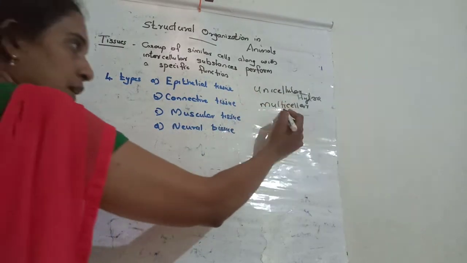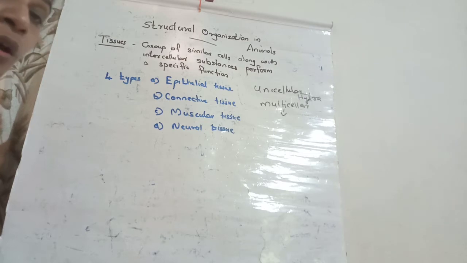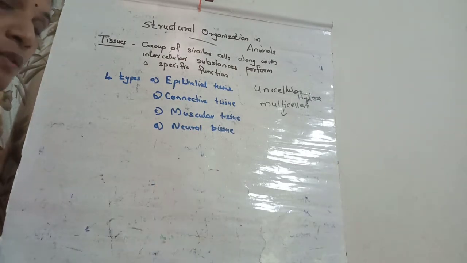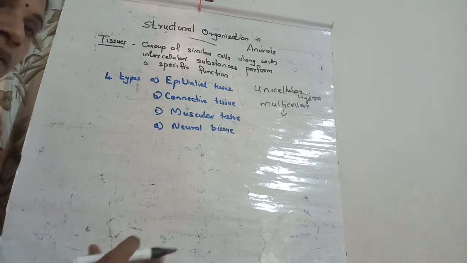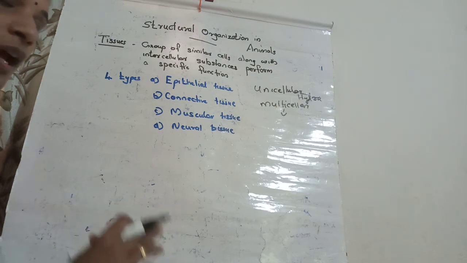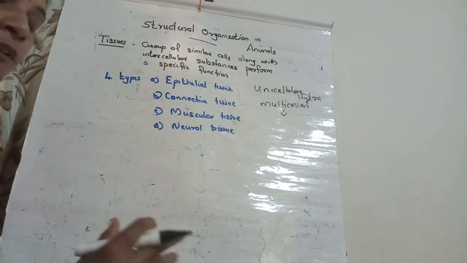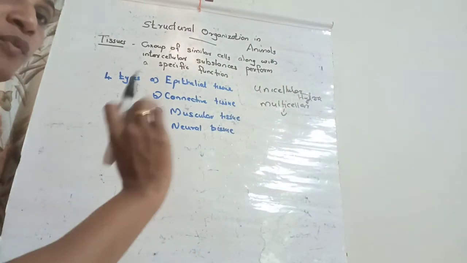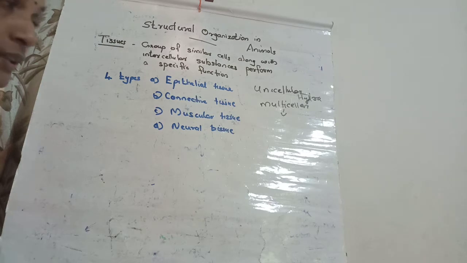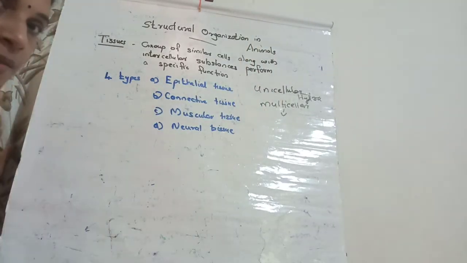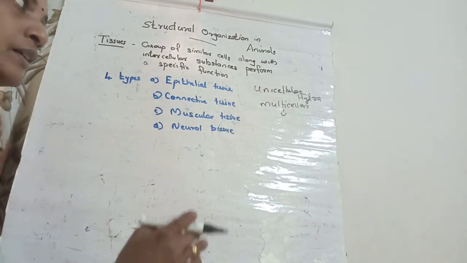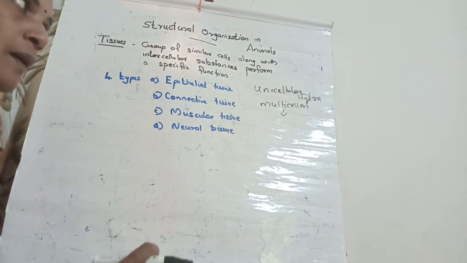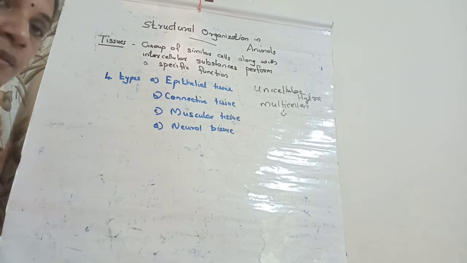But in the case of multicellular animals, their body is composed of billions of cells, and the same processes like digestion, respiration, reproduction are performed by groups of cells in a well organized manner. One of the best examples of multicellular animals is human beings.